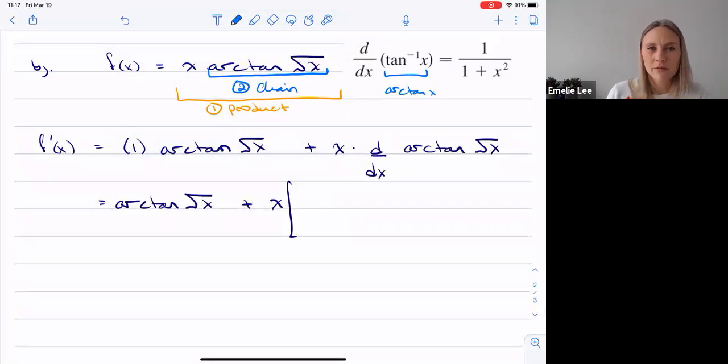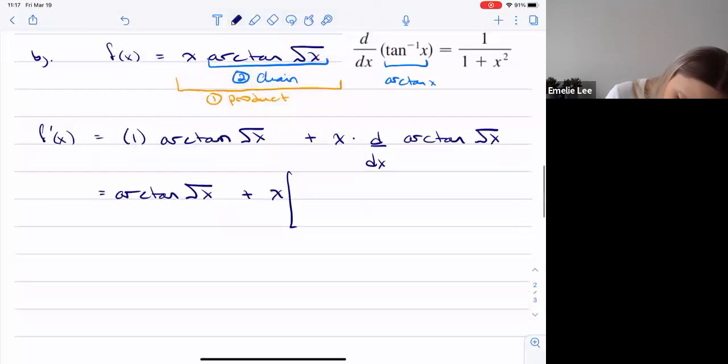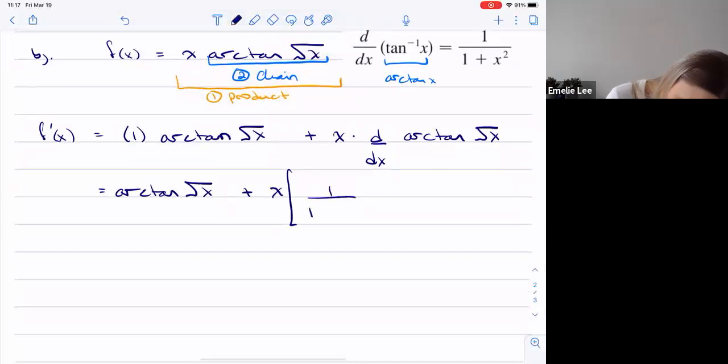So the derivative of the outside evaluated at the inside, which is root x, is going to be 1 over 1 plus root x squared, which is nice because that's going to make it just x, right?